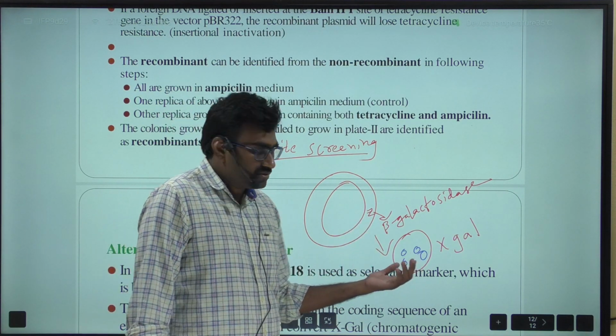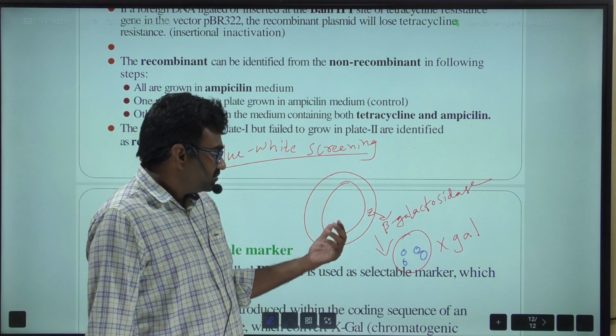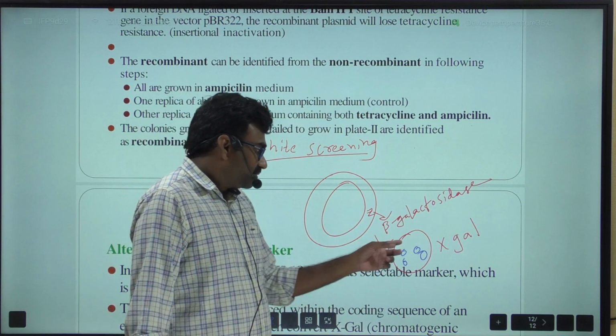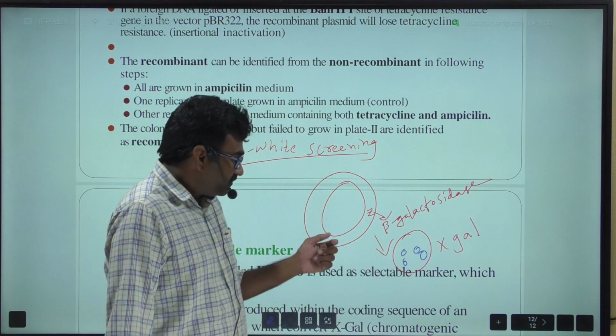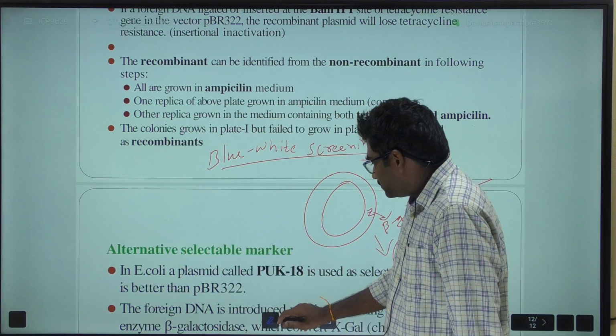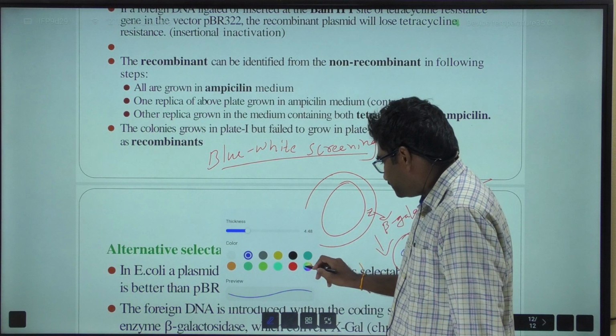It is a non-recombinant host, okay? The non-recombinant host produces blue color colonies.